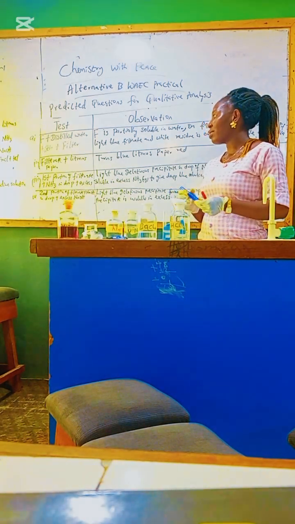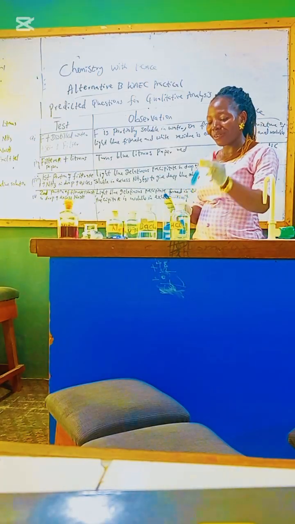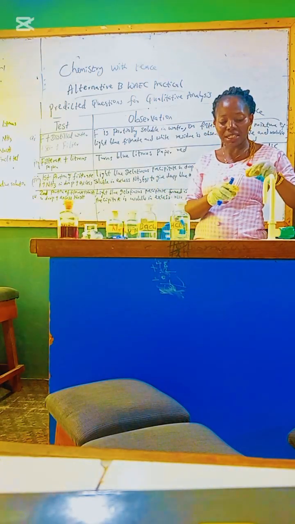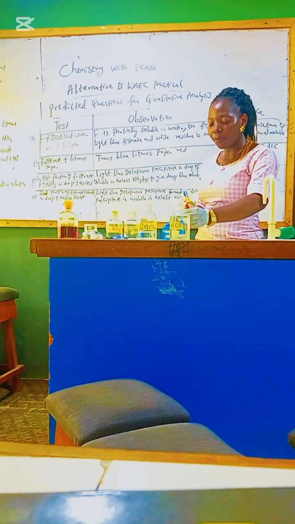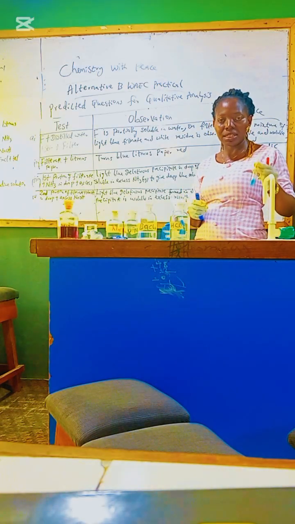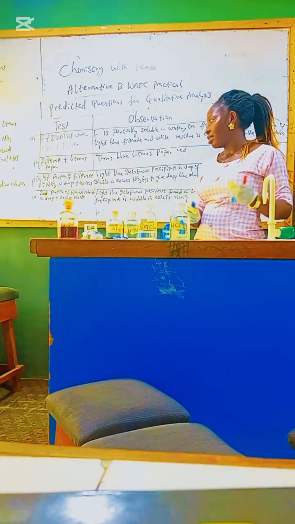Then the next question said to another portion of the filtrate, add barium chloride in drop and excess hydrochloric acid.